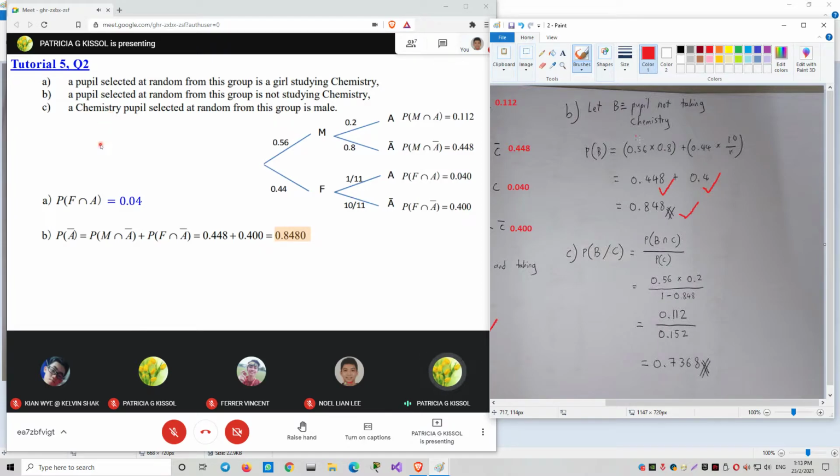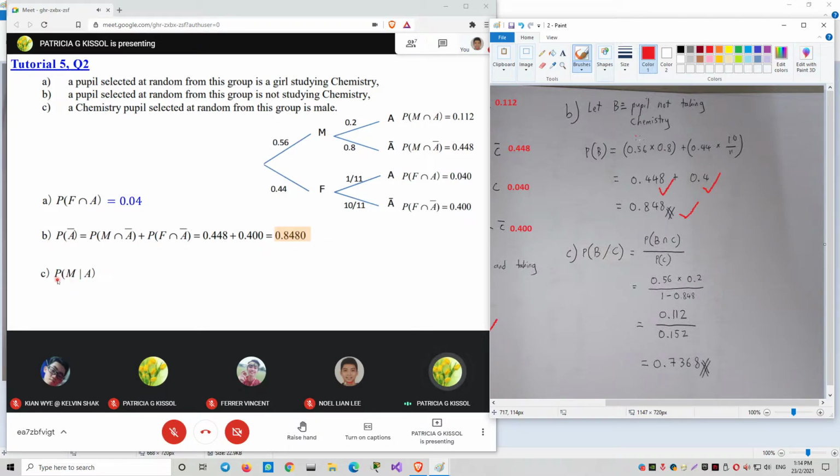If you read the question before the starting of ABC, it says find the probability of a chemistry pupil selected at random from this group is a male. So in this case, what the question is asking is basically the probability of male given that the student is a chemistry student. So if you really read the question, it's basically asking for male, provided that he's a chemistry student.